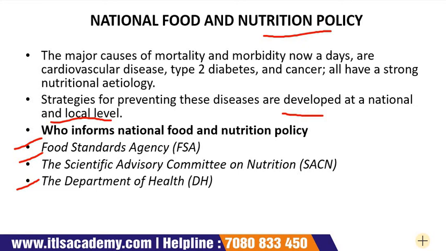The interface between the DH and the FSA is sometimes unclear, though. For example, both have recently produced infant weaning leaflets. Another section of the DH coordinates with the National Service Frameworks, the NSFs, and the National Institute of Health and Clinical Excellence, the NICE, provides guidance for diabetes, children and young people, and maternity services, and the forthcoming NICE guidance is on obesity prevention and management.